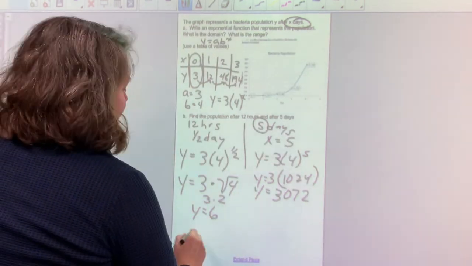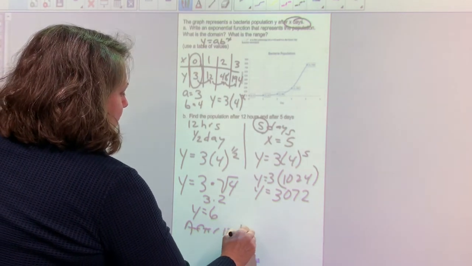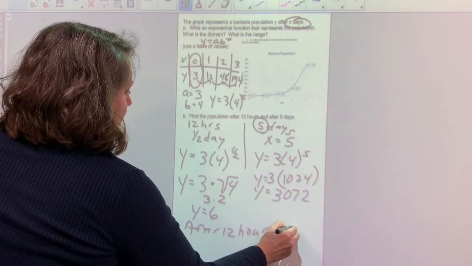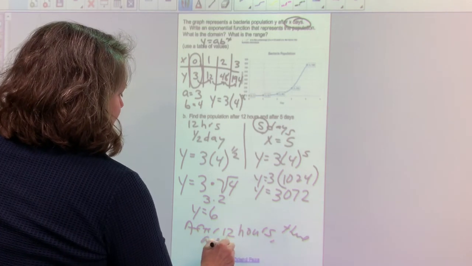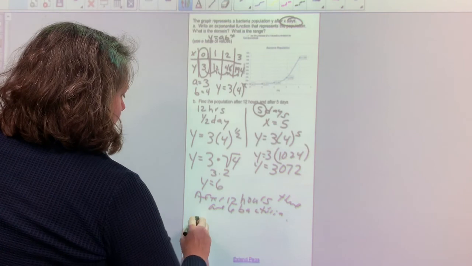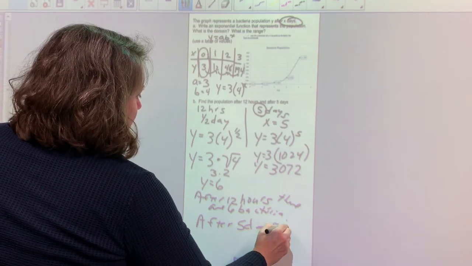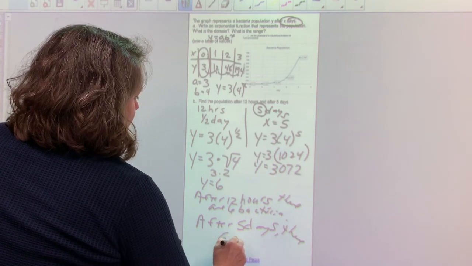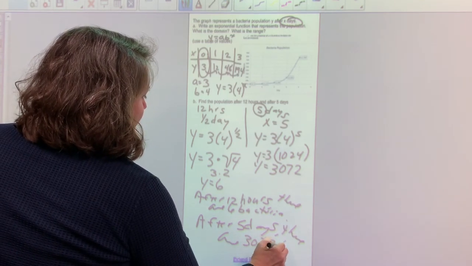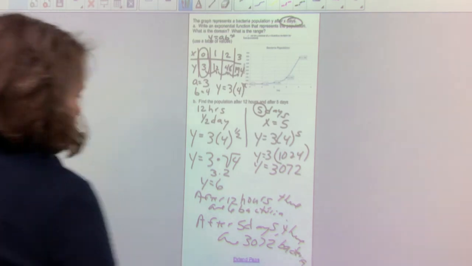And of course I'd have to write this in sentences. After 12 hours, there are 6 bacteria. After 5 days, there are 3,072 bacteria. It might be bacterium. I have no idea. Science isn't my thing.